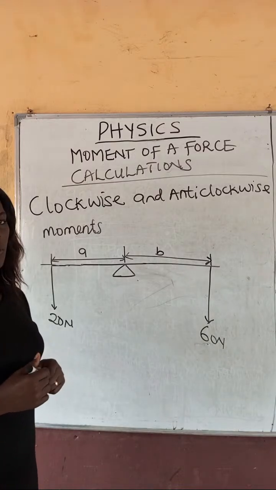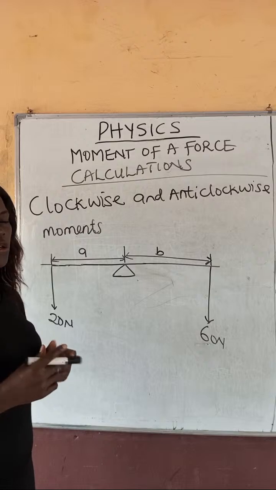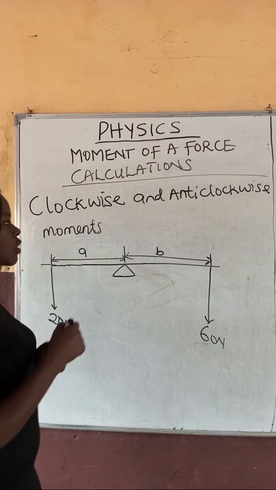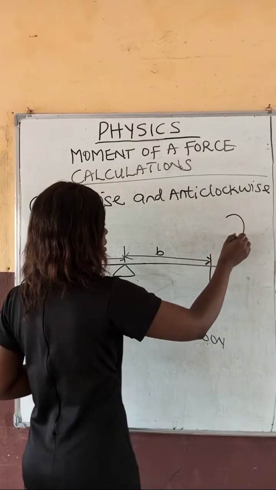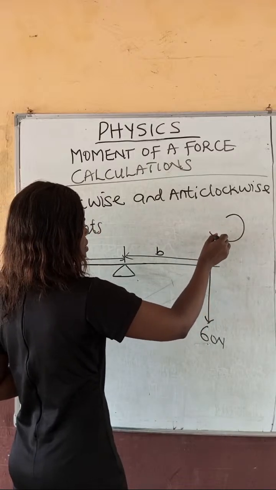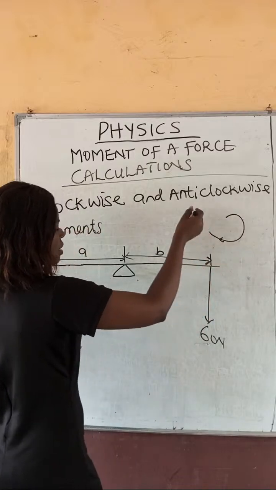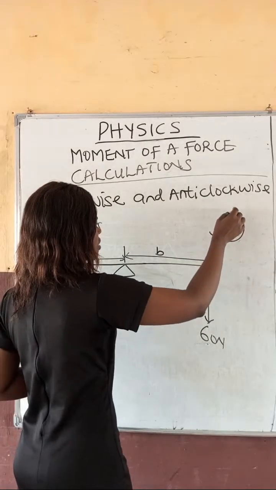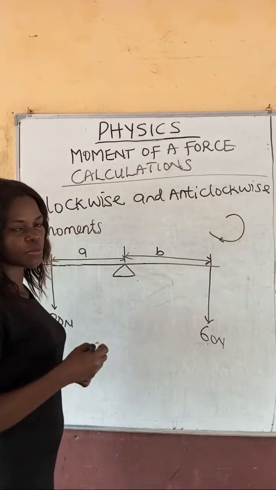When we are making respect to clockwise and anti-clockwise, you know the direction of your clock. Your clock goes this way, right? So if you consider this direction, this becomes clockwise moment.